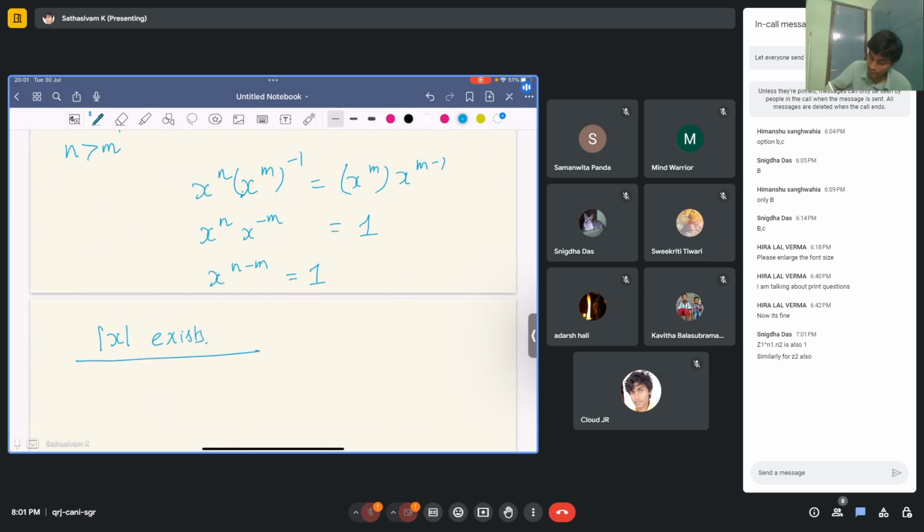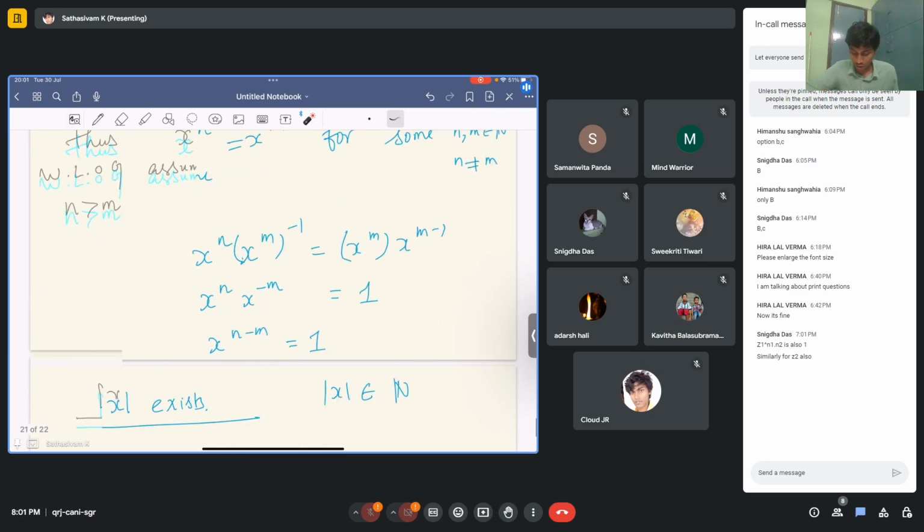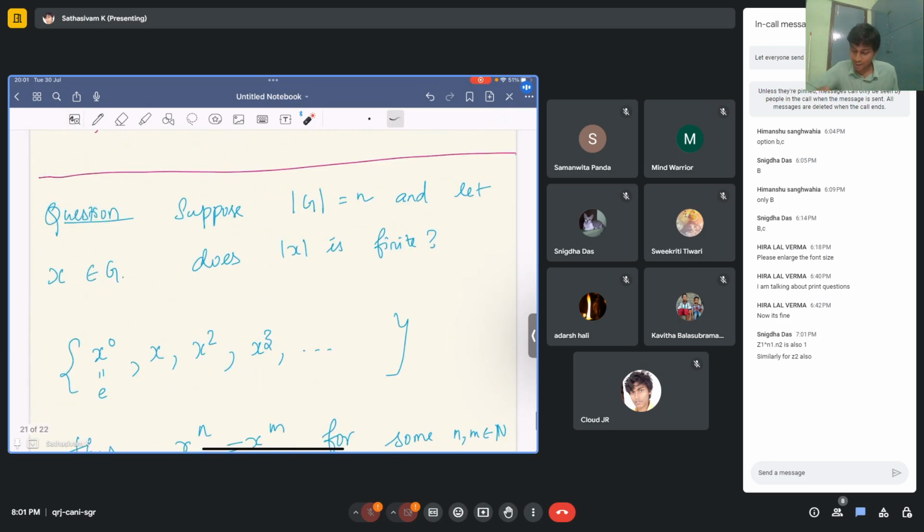By exists, I mean the order of x belongs to the natural numbers. See, x is an element of a group, but the order of x is a number. This number belongs to the natural numbers. It is not infinite. That is what I mean. So again, a natural question comes. There is the order of G, the order of a group, and the order of an element.